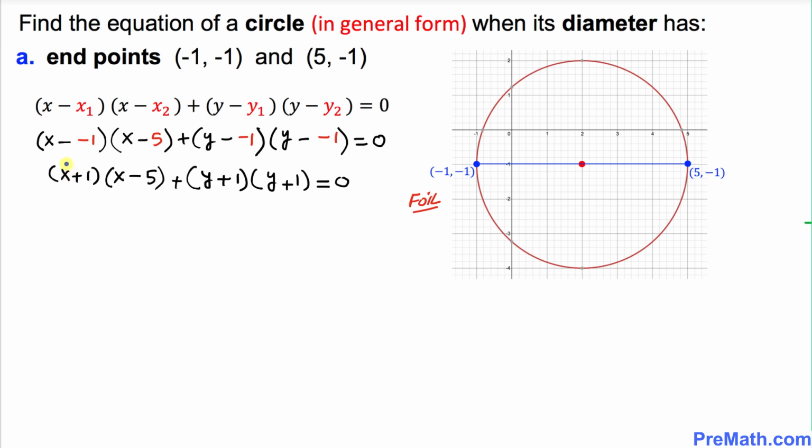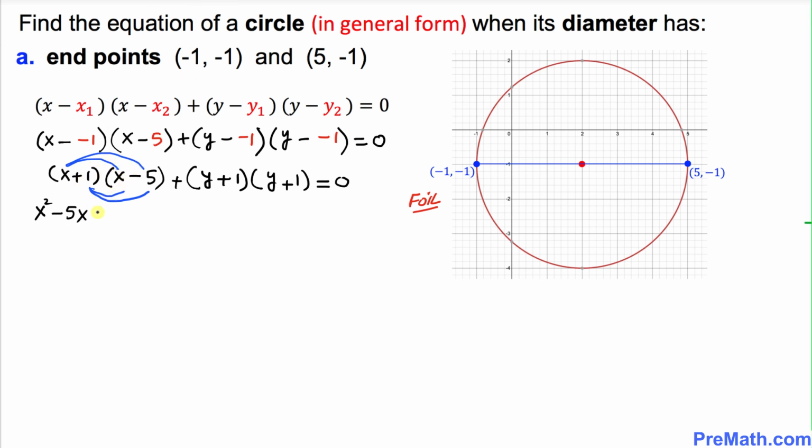And now in the next step, we are going to use the FOIL method. FOIL method means we're going to distribute: we multiply x times x, and likewise x times -5. That is going to give us x squared minus 5x, and likewise we are going to distribute this way as well. No wonder we call it double distribution.